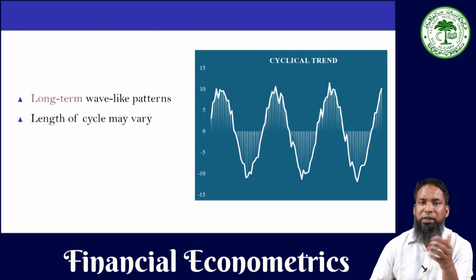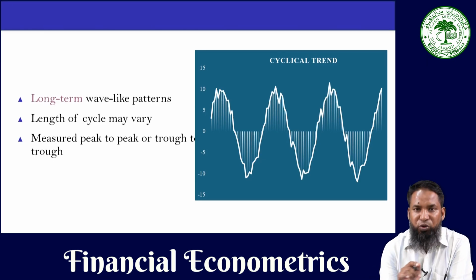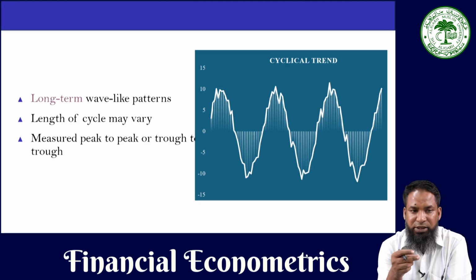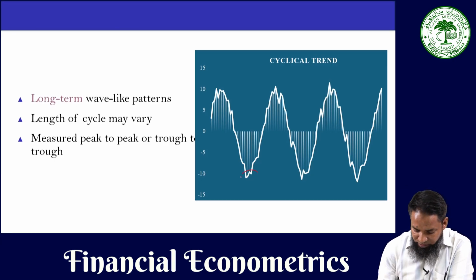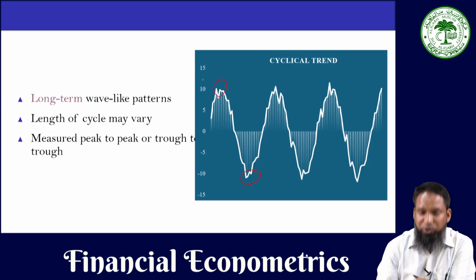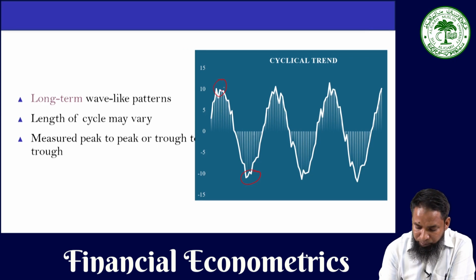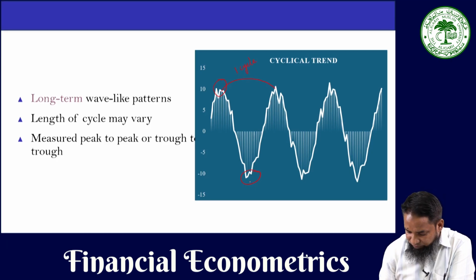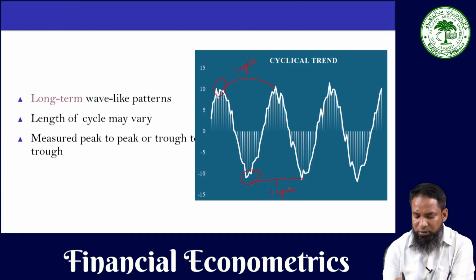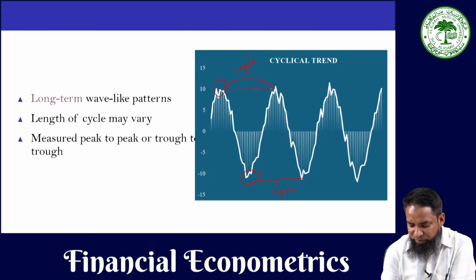It is like the seasonal component, the only thing is that the time period will be more than 1 year, and the terminology changes. For example, this is known as the trough, whereas this is known as the peak. Here we measure one cycle from either peak to peak, or from trough to trough, and the period will be more than 1 year.